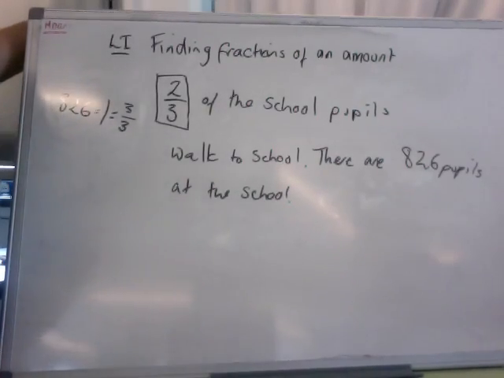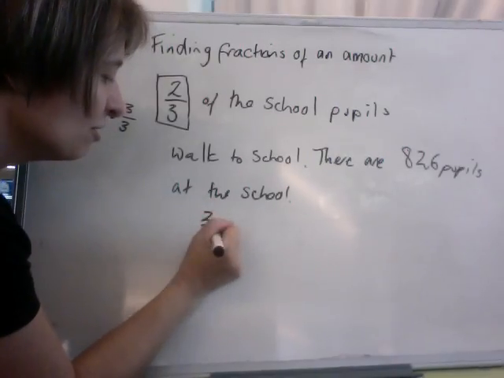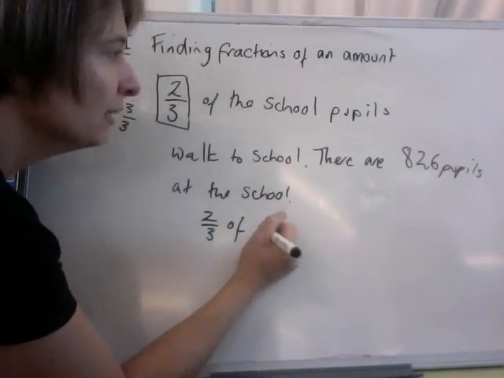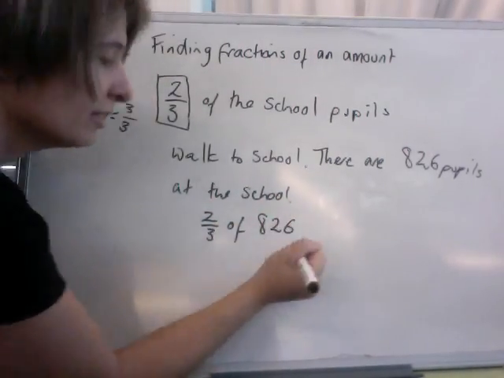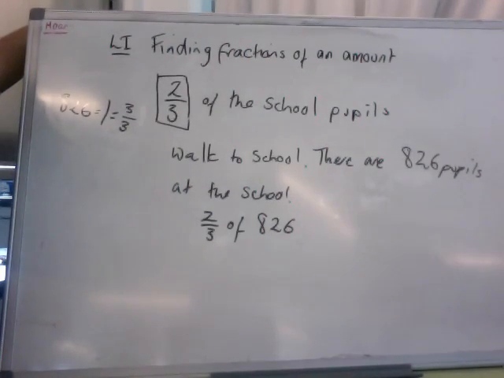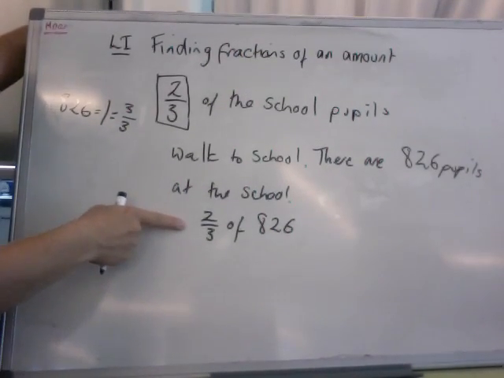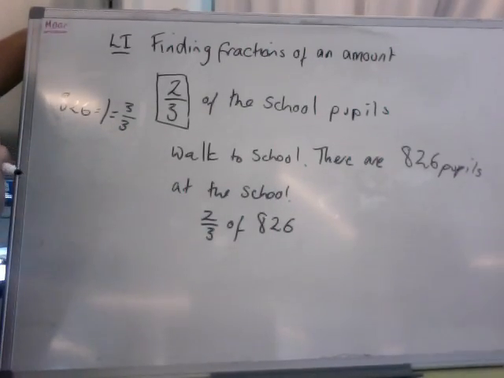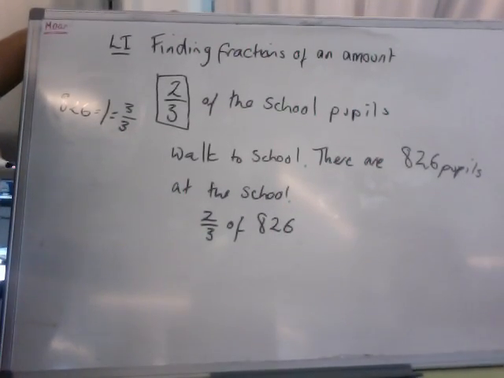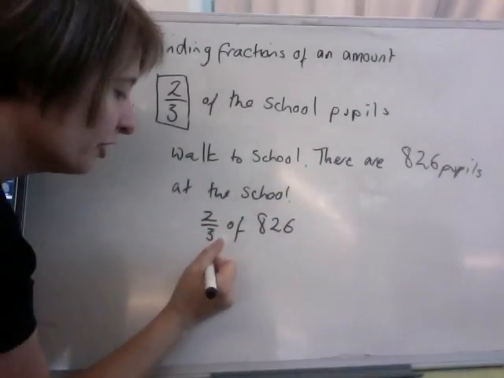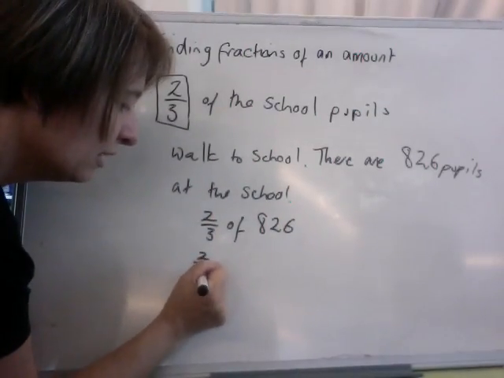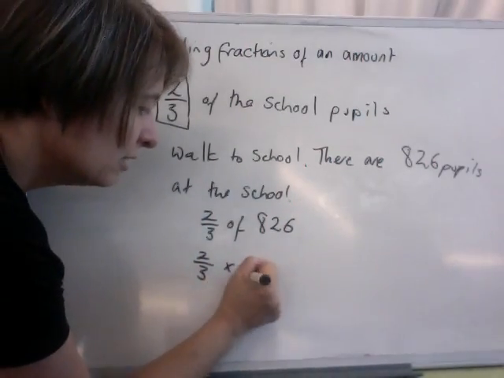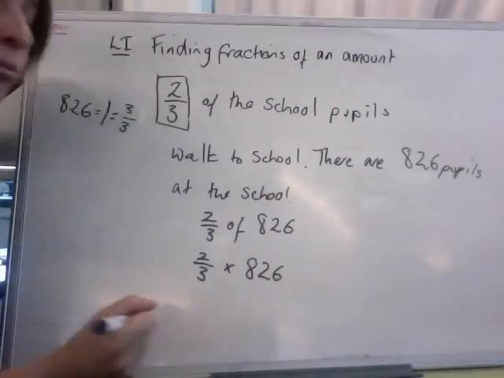Who can say it as a sentence? 2/3 of 826. Good. Now we've nearly got it into a number equation. What did we say of always meant? Times. Good. So we go 2/3 times 826.